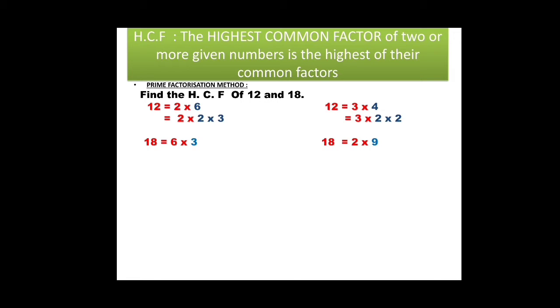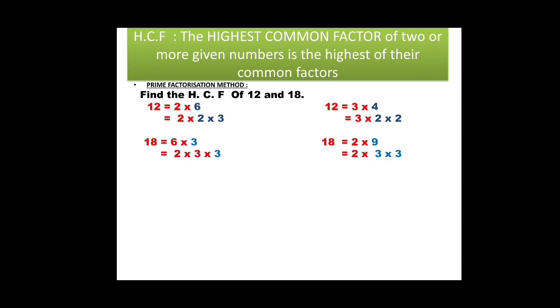In the same way, 18. 18 can be written as 6 into 3 or 2 into 9. 6 is a composite number, so you can write that number as the product of primes, that is 2 into 3. Get the 3 number down because it is a prime number. Now 9 is the composite number, so it can be written as the product of primes, that is 3 into 3.